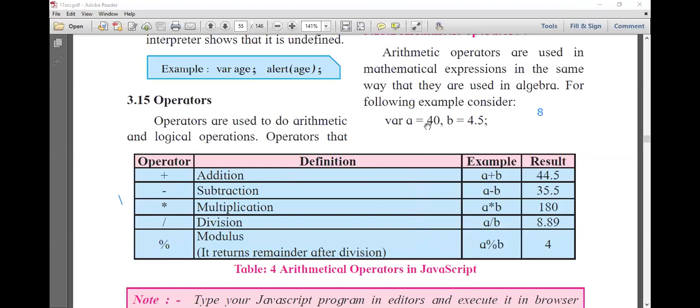If a is equal to 40 and you substitute the value of a over here, that is 40, and substitute the value of b, that is 4.5, then you will get the answer 44.5. So here is the plus operator, which we use for addition.